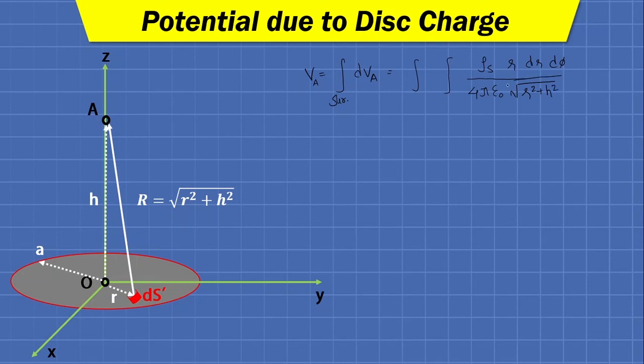In this case we have two variables for integration. For the radius, the lower limit will be 0 and the upper limit will be the radius of the disk itself, that is a. And for the angle, if we want to cover the whole disk, then the angle should vary from 0 to 2 pi. So the limit for phi will be from 0 to 2 pi.